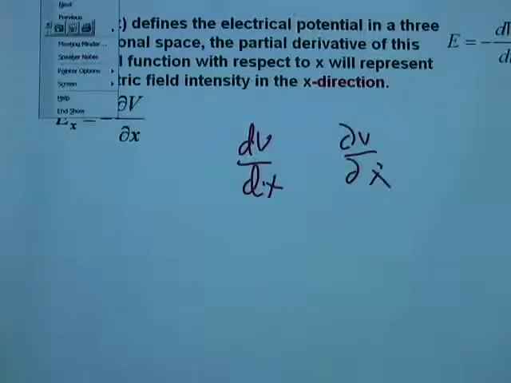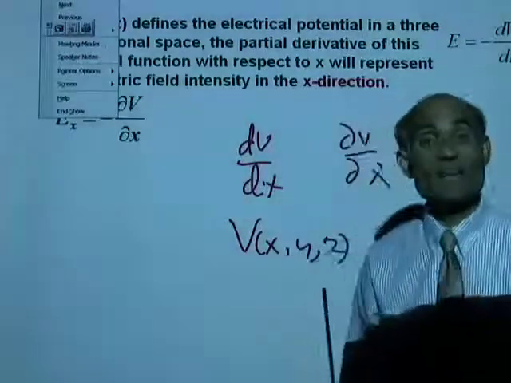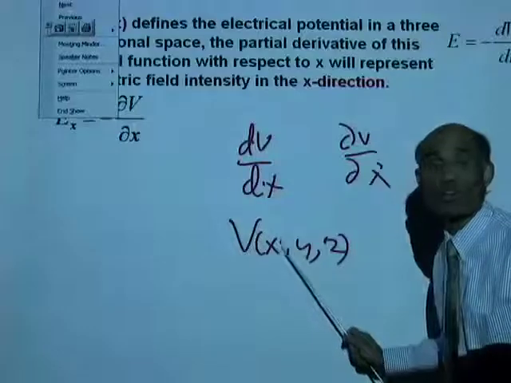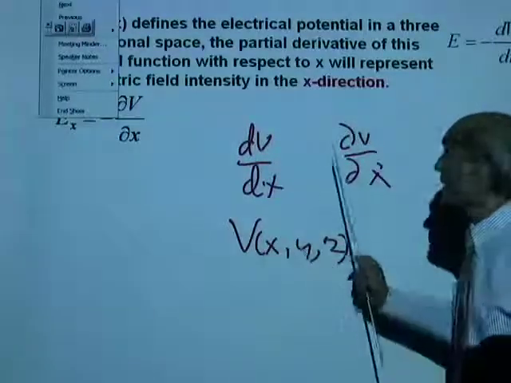You see, dV by dx is the straight derivative of V with respect to x. Suppose V is a function of x, y, and z. You see, potential at a point in an electric field is a function of x, y, and z.